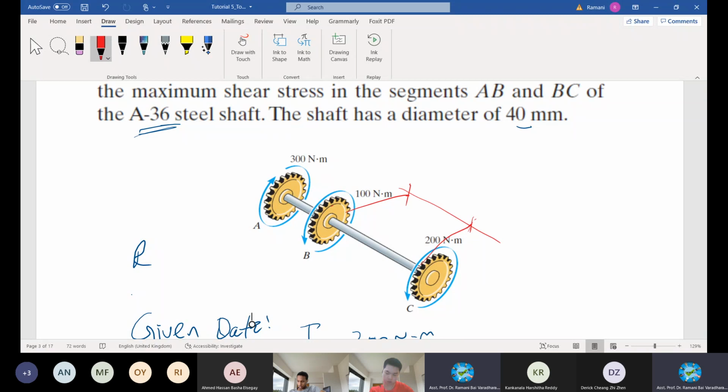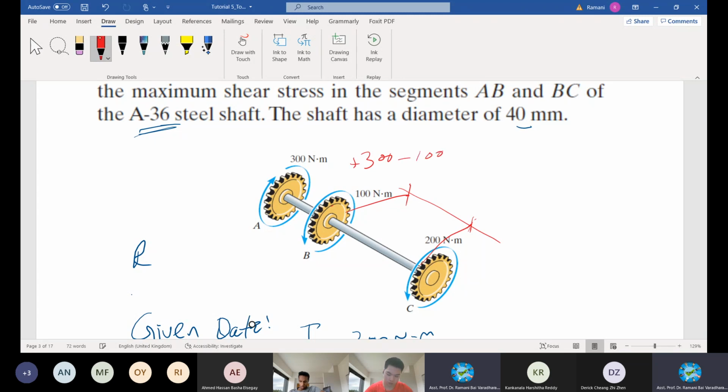When you start from here, at A it is 300, isn't it? When it comes to B, it is negative. Near the first it is positive, clockwise.